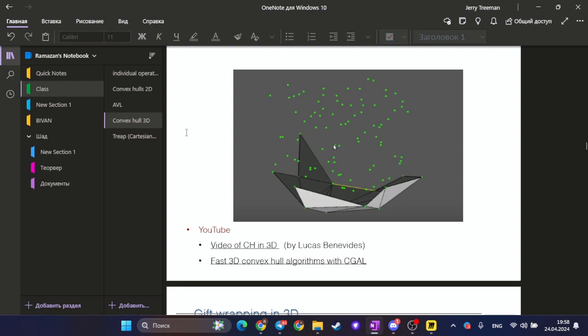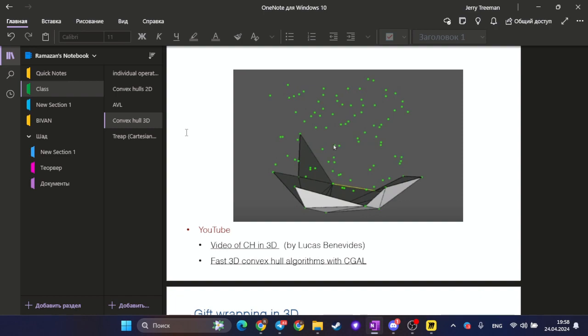How do we do it? Okay, we need to choose 3 points. We have already chosen only one point. Okay, second point. How to find the second point?